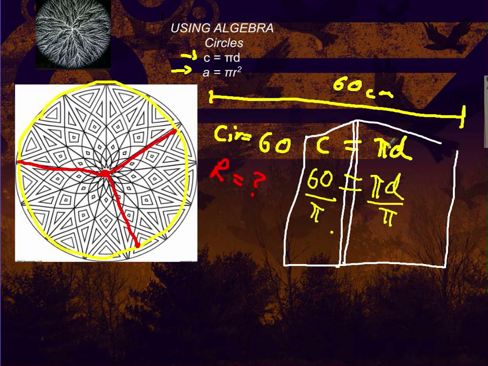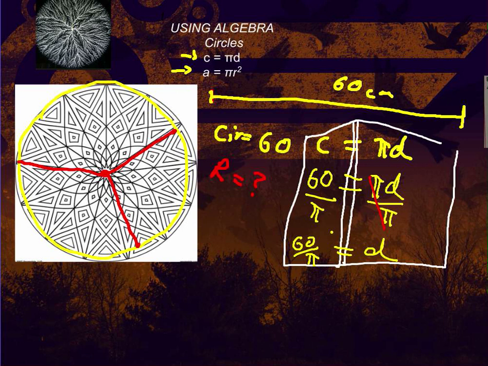So here we are multiplying pi times d. So we divide pi times d by pi, and we do it on the other side. That way, this now gets rid of pi, and it leaves us with 60 divided by pi, which equals d. And we can find that calculation because we know what pi is.